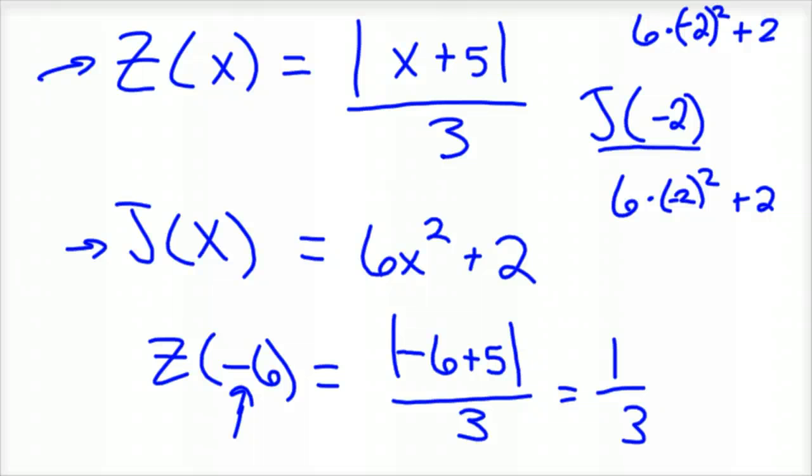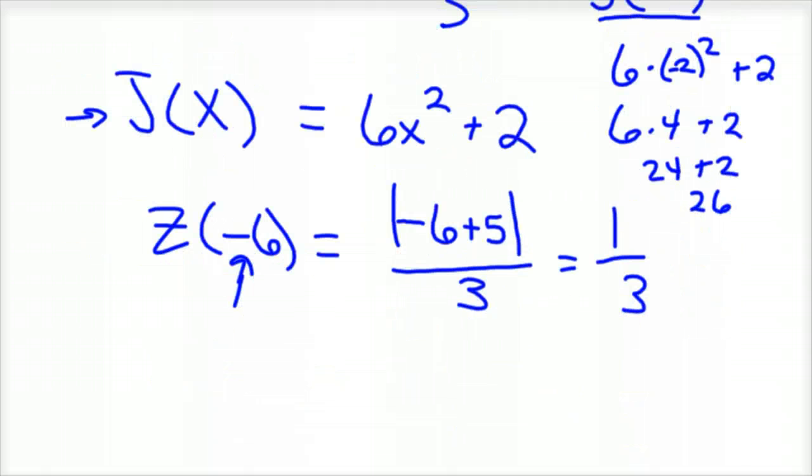So when you do this problem, you can do the order of operations. So 6 times 4 plus 2, so 24 plus 2 would give you 26, which is the value of the J rule at negative 2. And this will be my last example: you don't always need numbers. You could find the J rule at the value of a plus 1. Okay, now that's getting kind of freaky.